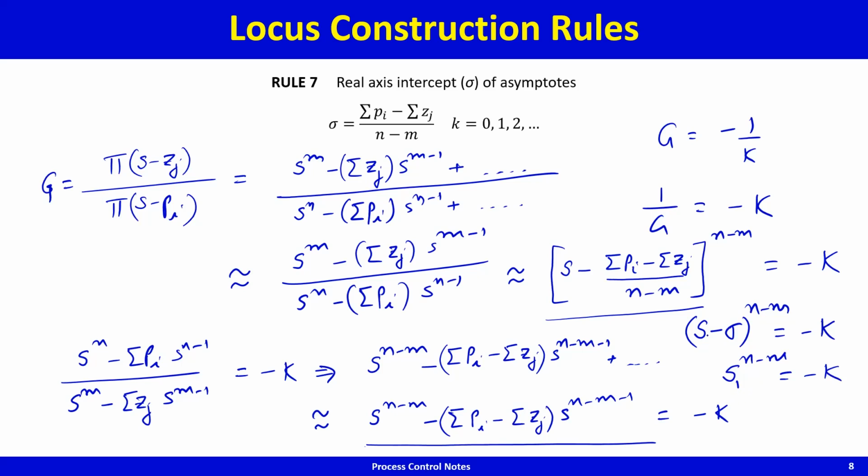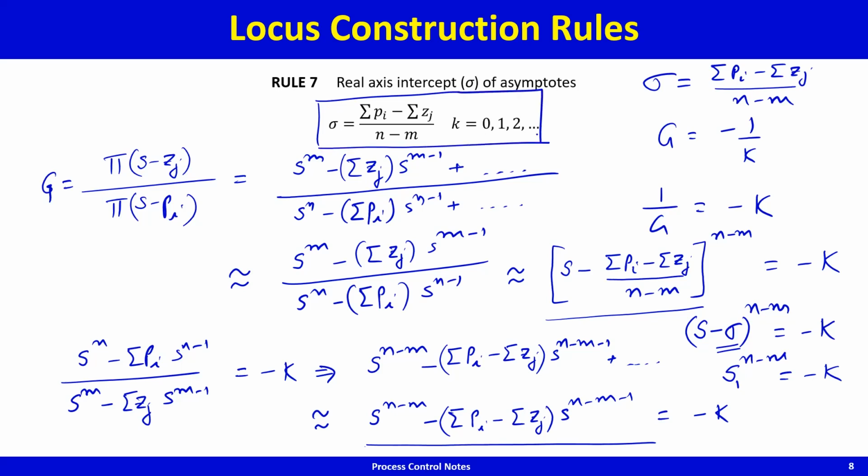In the S plane, the asymptotes are passing through S equal to sigma, and therefore sigma is equal to summation Pi minus summation Zj divided by n minus m, the real axis intercept of the asymptotes. All right.